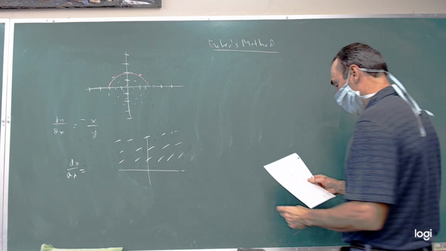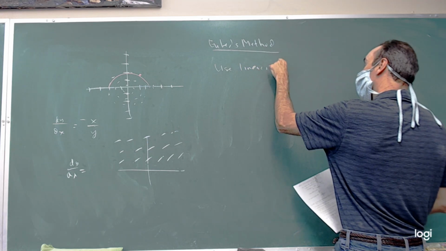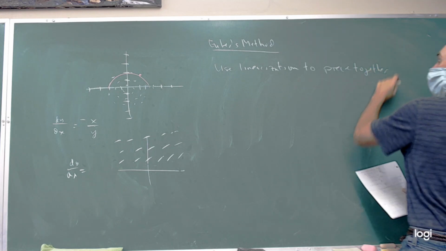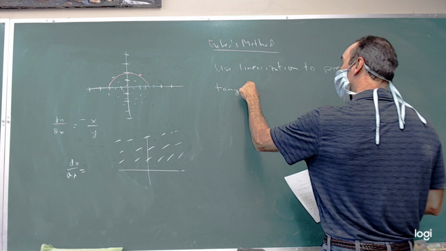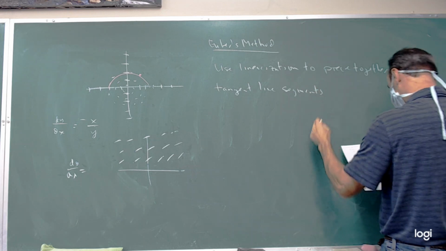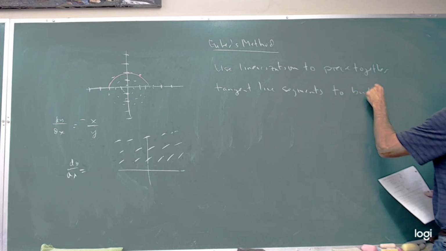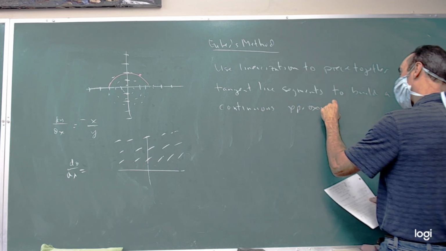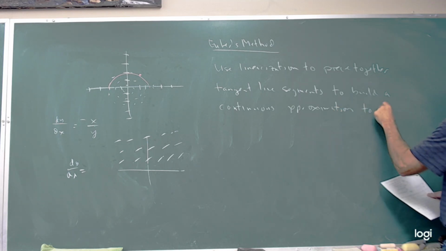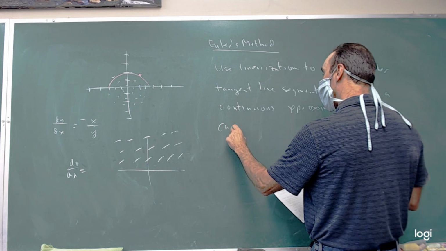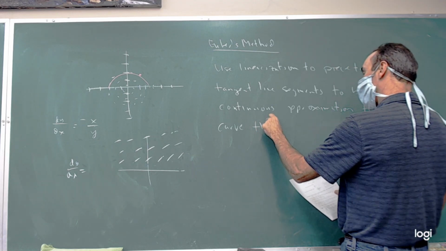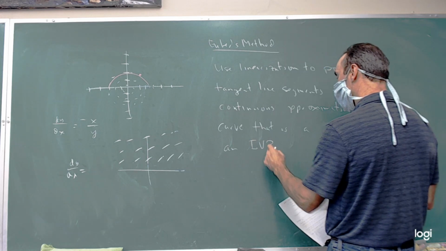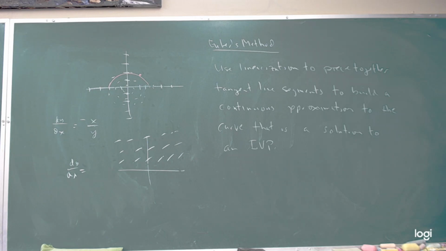So Euler's Method, we're going to use linearization to piece together tangent line segments to build a continuous approximation to the curve that is a solution to, I'm going to say, an IVP, an initial value problem, a differential equation with an initial condition.